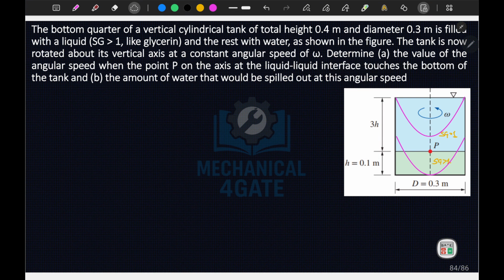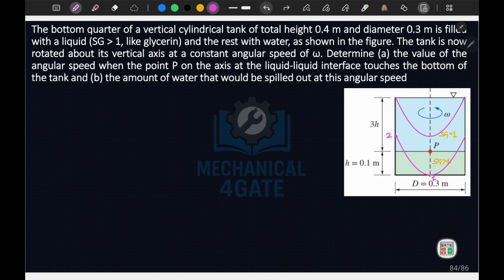Now let's say this point is 1 and this point is 2. And one more thing, let's say this point is 3 and this point is 4.